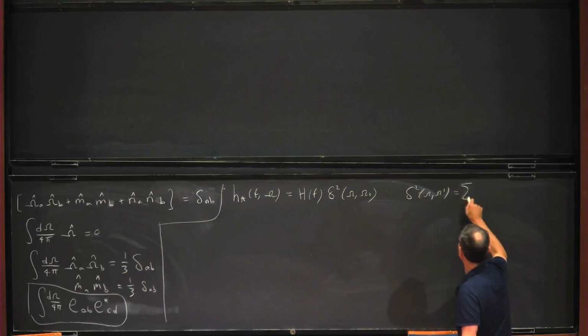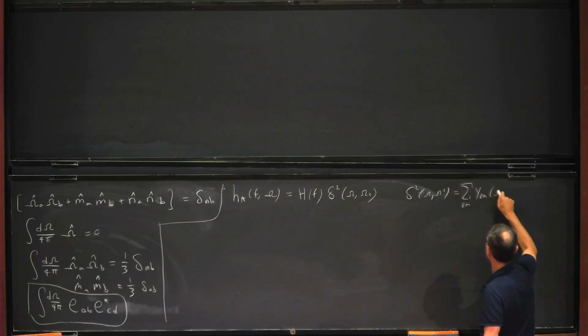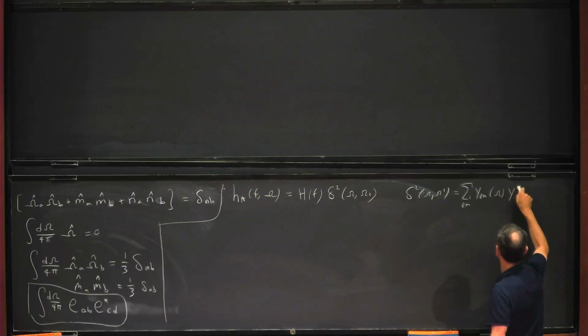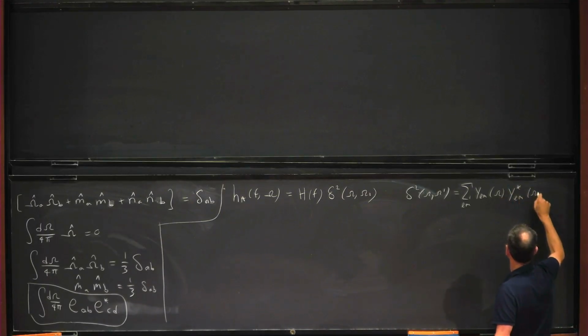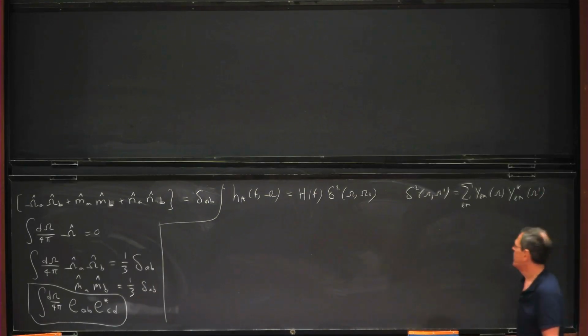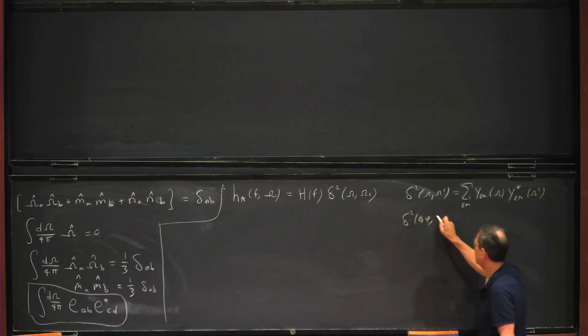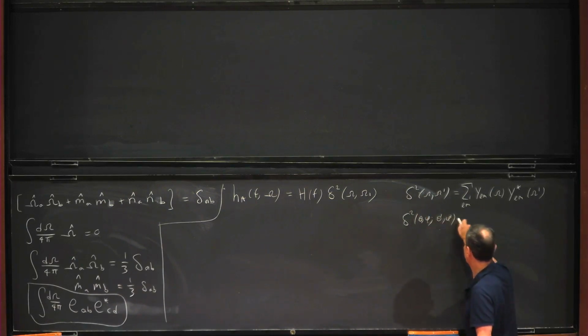It's the sum over L and M of spherical harmonics of omega times their complex conjugates in terms of omega prime. That's one nice way of doing it. I could be a bit more pedestrian and just say delta 2 of theta phi, the coordinates of omega, theta prime, phi prime.